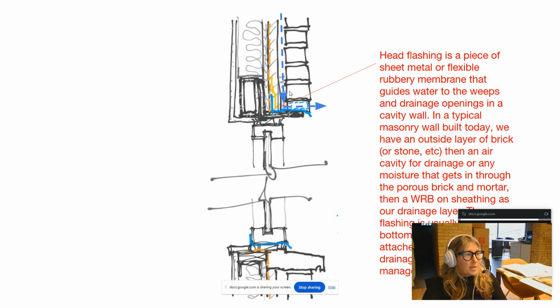Head flashing is a piece of sheet metal or flexible rubbery membrane that helps to guide water out. Remember, we were talking about weeps. It helps to push water out the weeps at the head of the window.